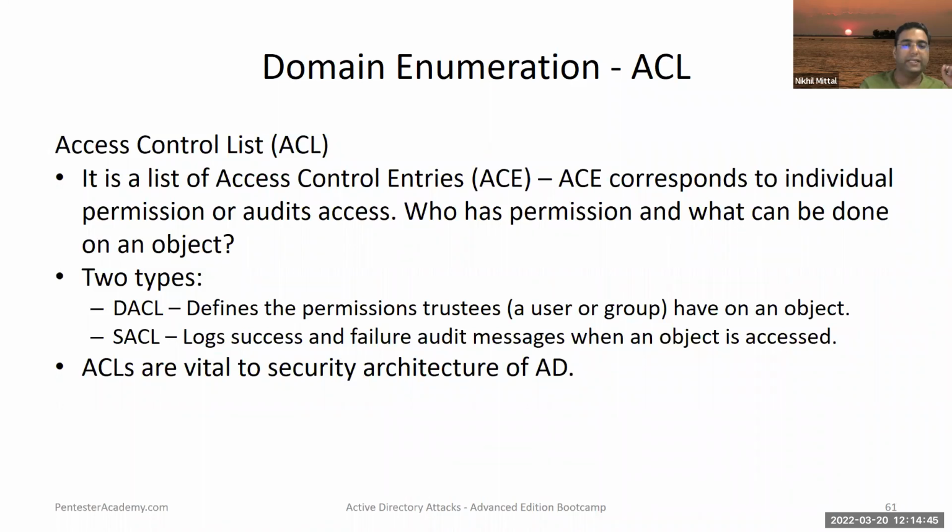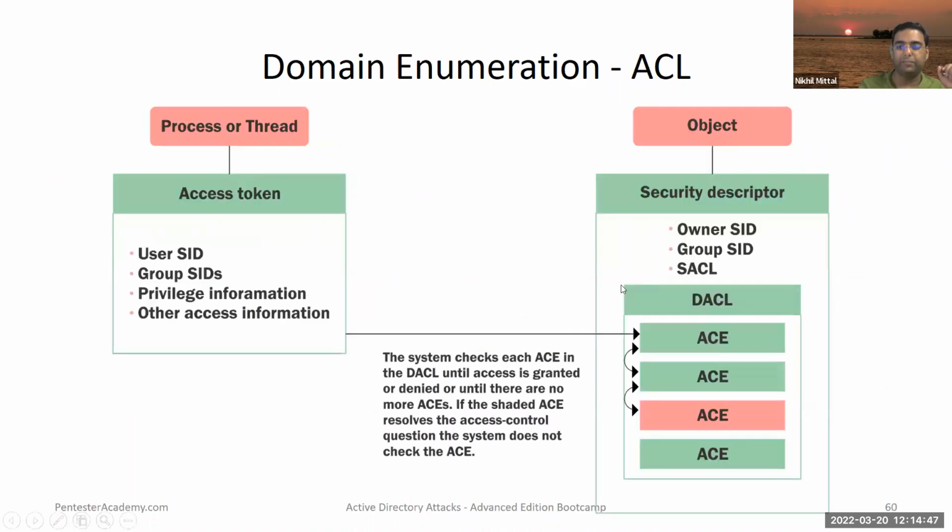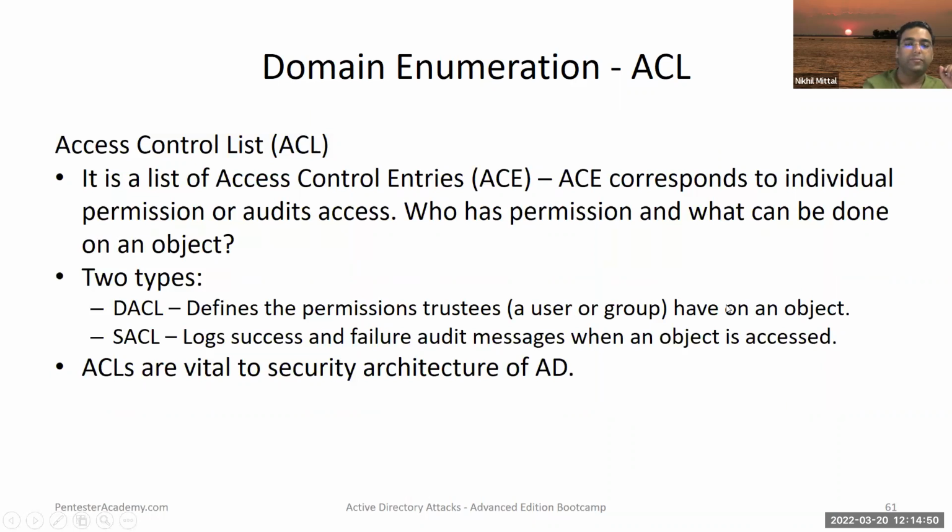All right. So what are these ACLs? These lists where the comparison was made. These lists are made up of access control entries or ACEs. A particular ACE corresponds to an individual permission or audit access. That is, who has the permission and what can they do with that permission.